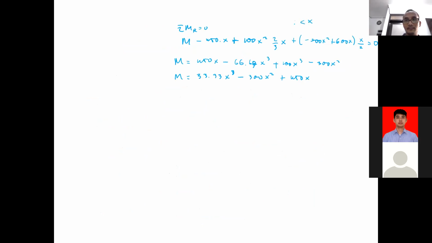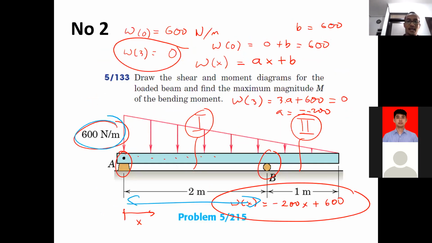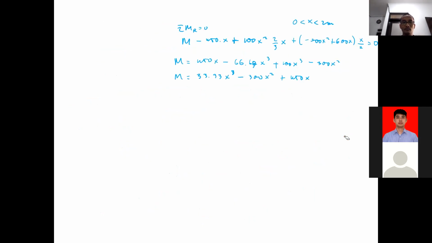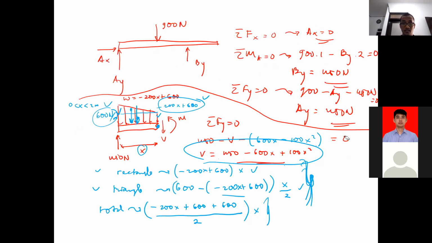Later, for x between 2 meters to 3 meters, we have to develop another equation. But this one is for phi and moment for x between 0 and 2 meters. That's the equation.